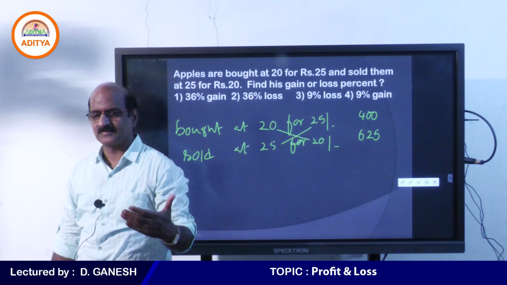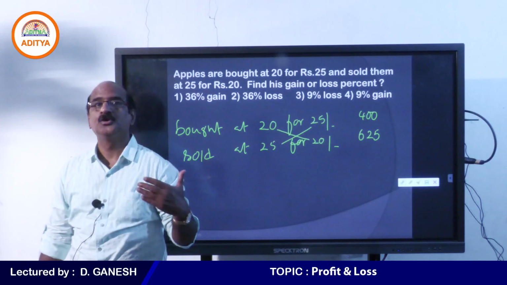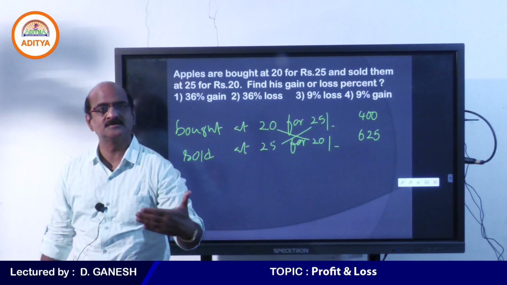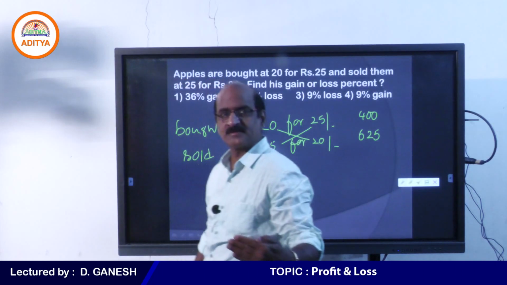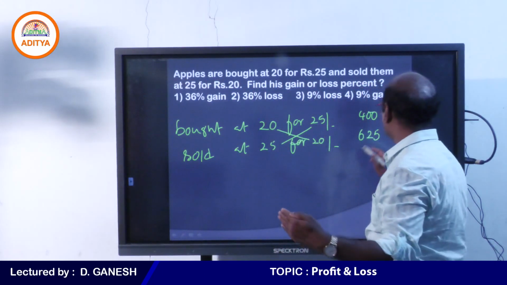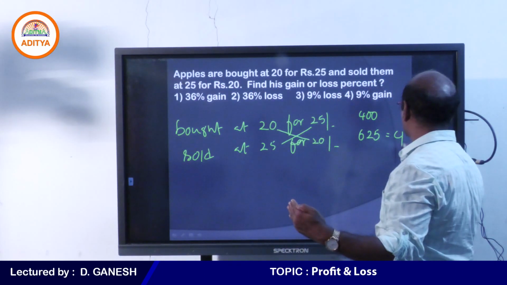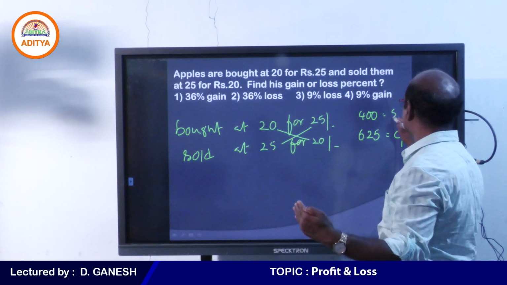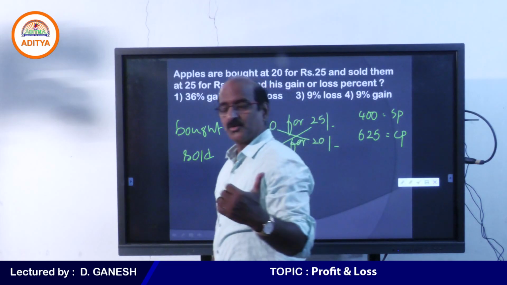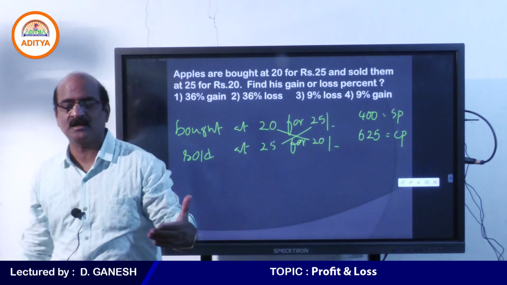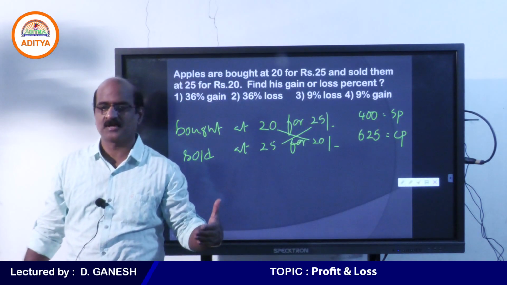Student, now this is one thing you must be very careful about. When you are losing, the cost price is more and the selling price is less. That is how you decide 625 is the cost price.